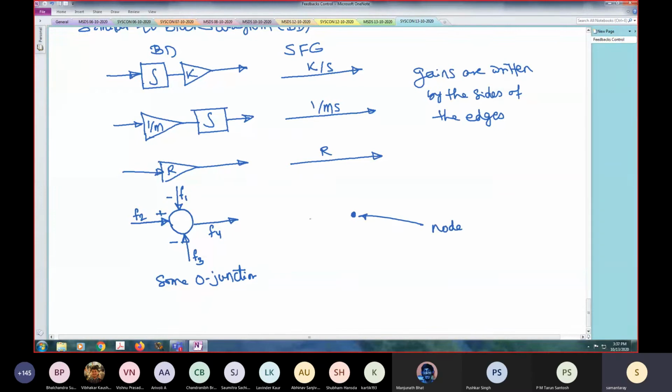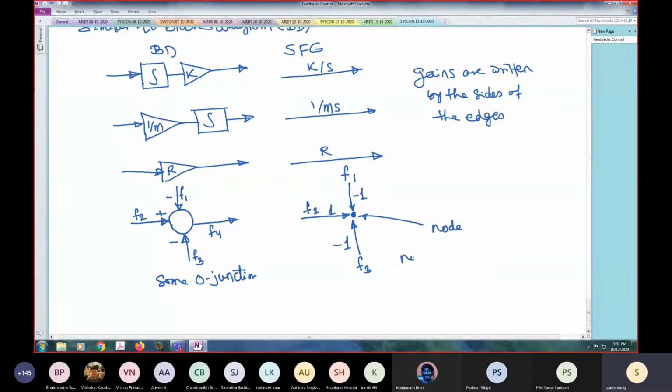To this node we will connect F2 signal. Then we will connect F3. Here we will put gain -1. Here we will put gain 1, that's not necessary. And here, this is F1, gain will be -1.